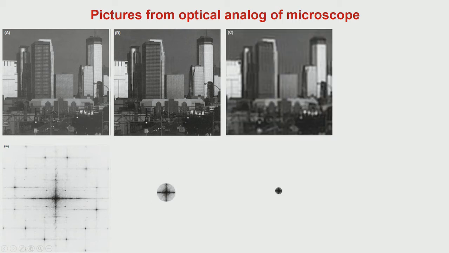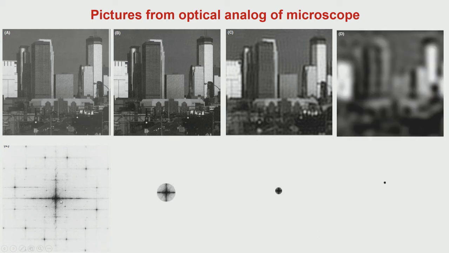Now that aperture size is being made small. Now you can see how the image is getting blurred. The next picture is where the aperture is made so small that only the central beam is used.